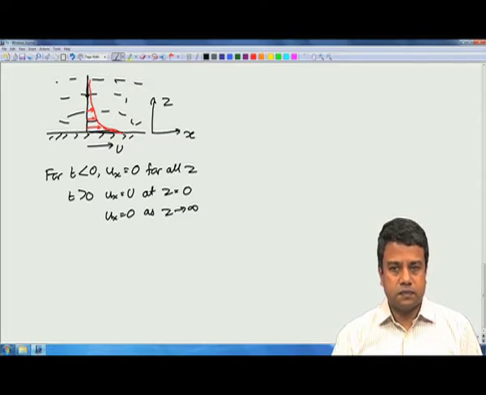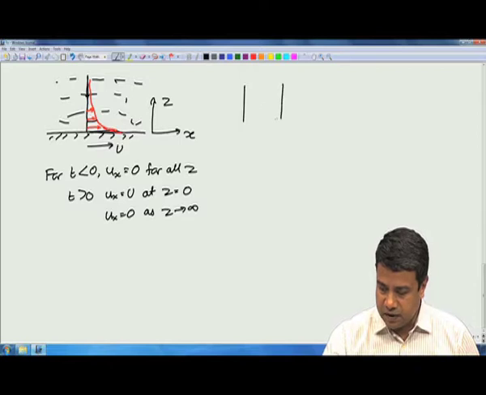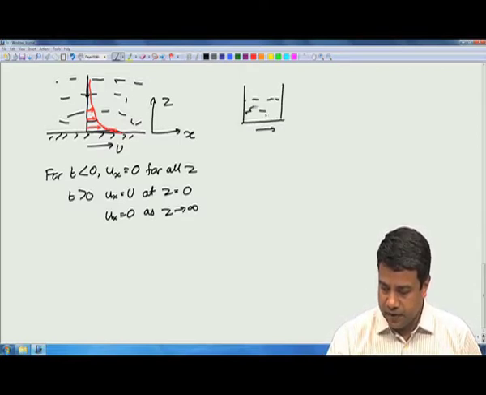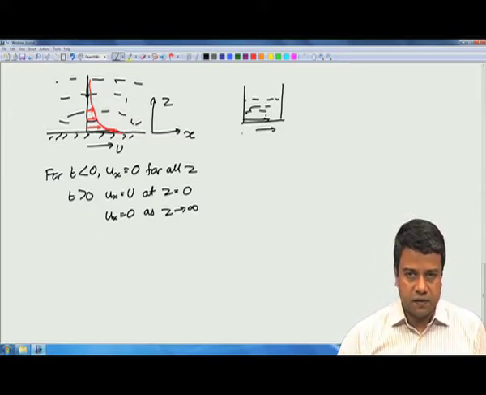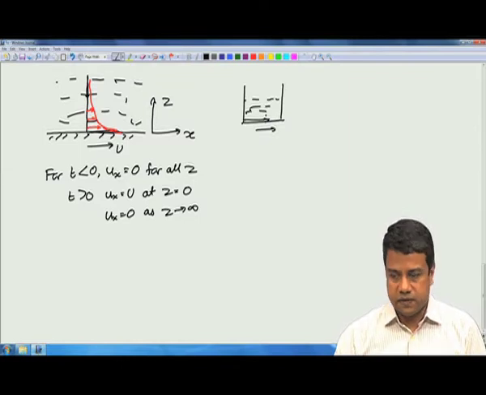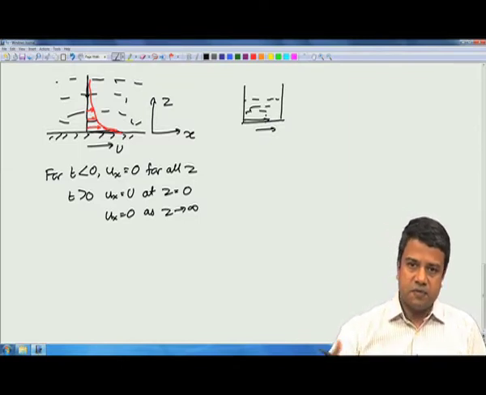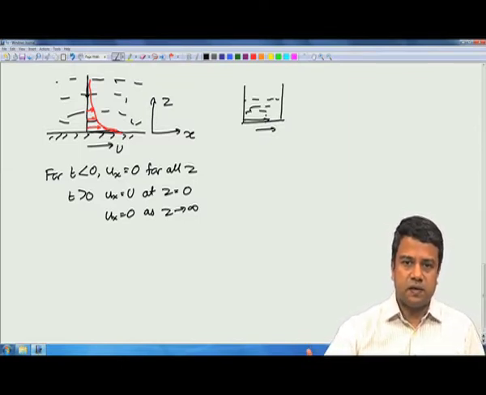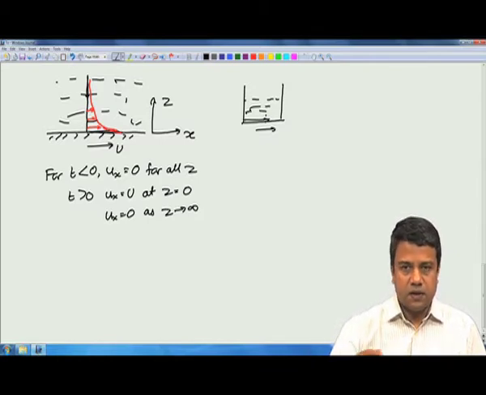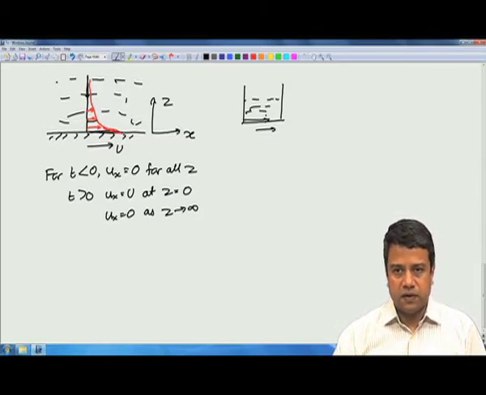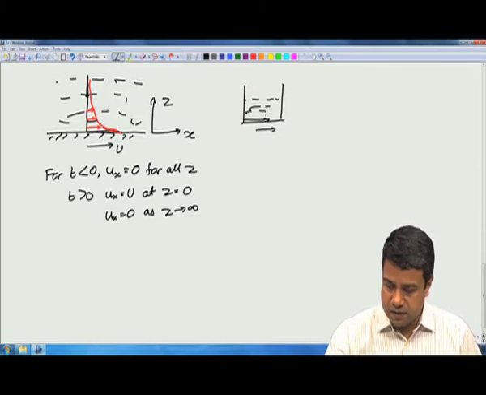This would be an idealization of, for example, if I had a container like this and I started to move the bottom surface. Then there will be some fluid that is flowing within the region close to the bottom surface. However, if the height is much larger than the length scale for the penetration of momentum, you can assume that it is an infinite fluid. So, that is the idealization here.